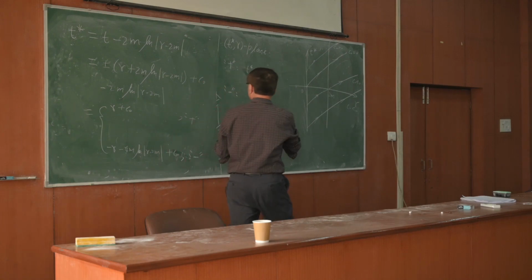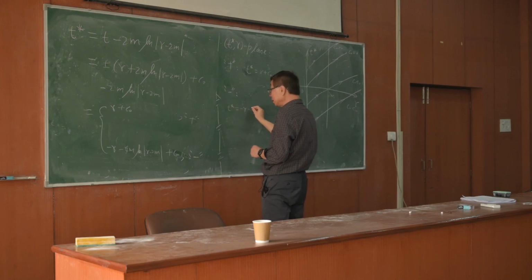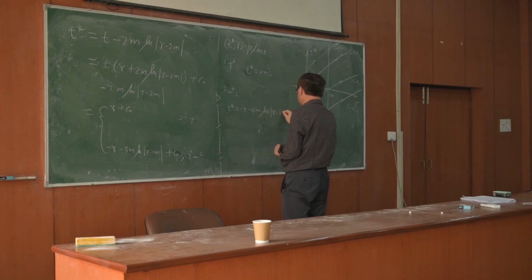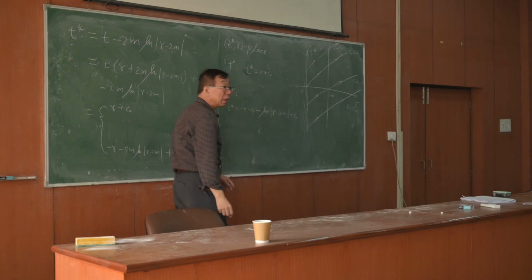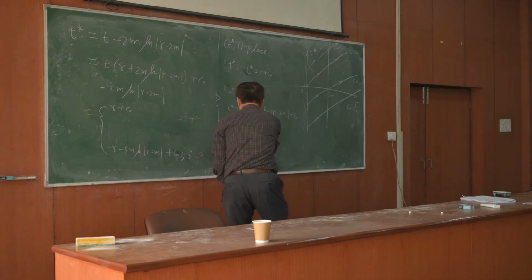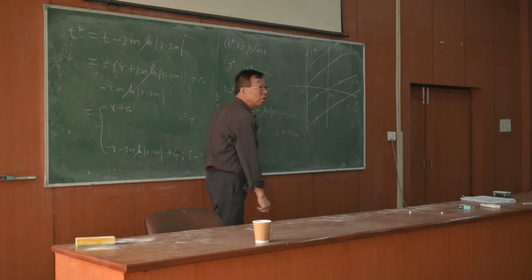So now if we consider the minus sign, you can see T star equals minus R minus 4m log R minus 2m plus C0. Again, we consider R less than 2M.